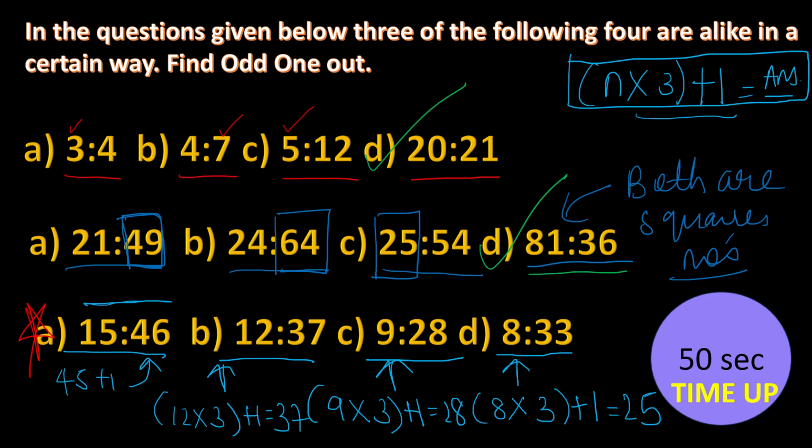So same logic is used for B option, C option. Only D option is giving you 25 as the answer instead of 33. So clearly this becomes odd one out. 8 is to 33 is the odd one out. Understanding the logic, students? Okay.